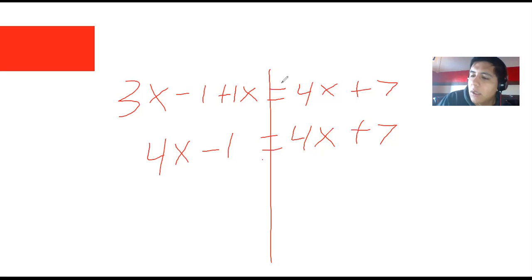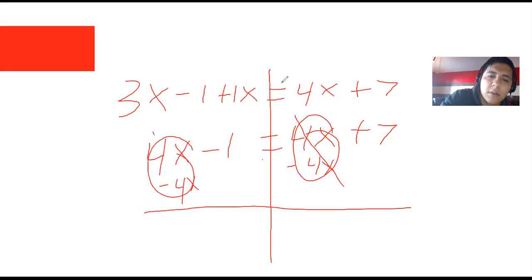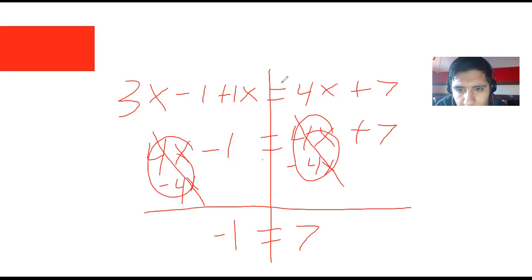So let's try and move around 4x. We would subtract 4x on both sides. But if you notice what happens here, we cancel both of these out. So we're actually left with -1 equals 7, which of course is not true. -1 is not equal to 7.